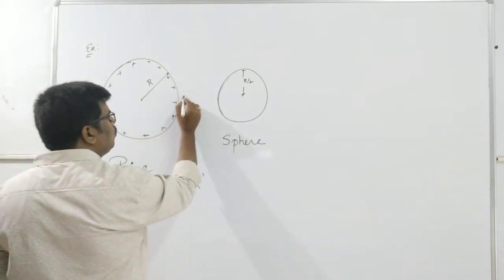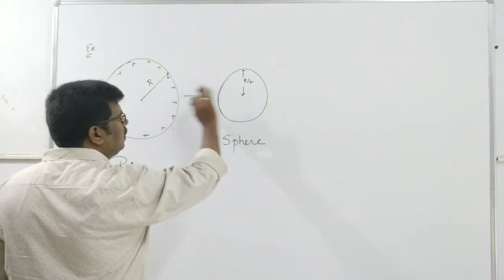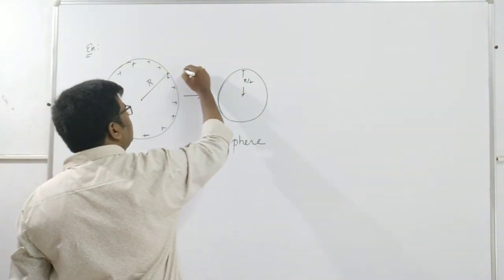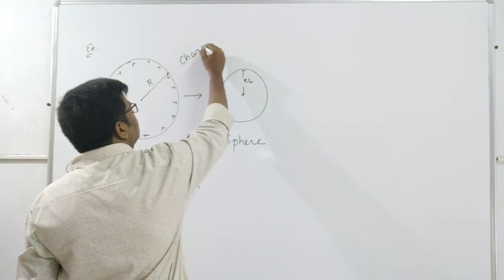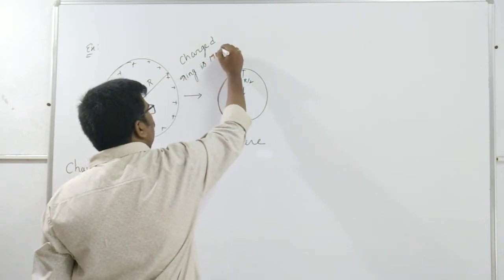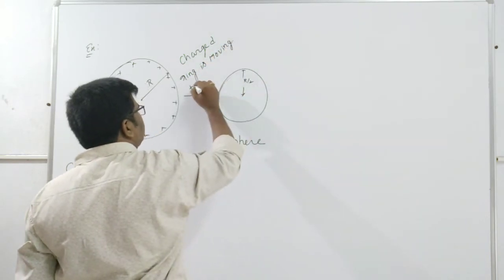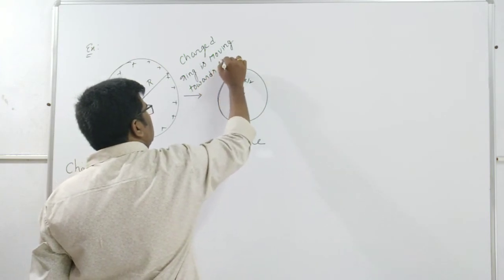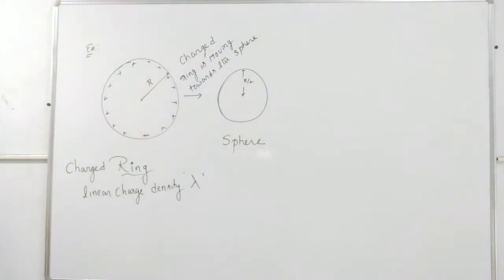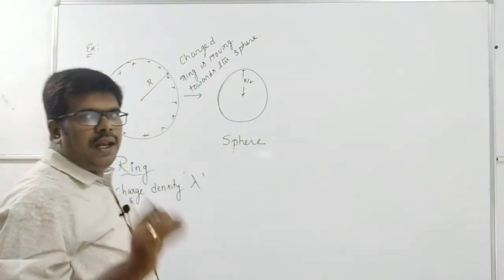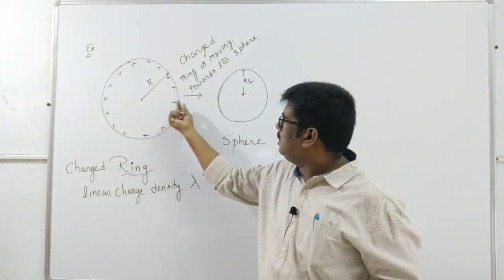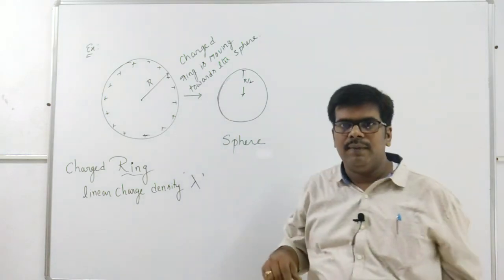Now this charged ring is moving towards the sphere. The charged ring is moving towards the sphere and entering inside it.